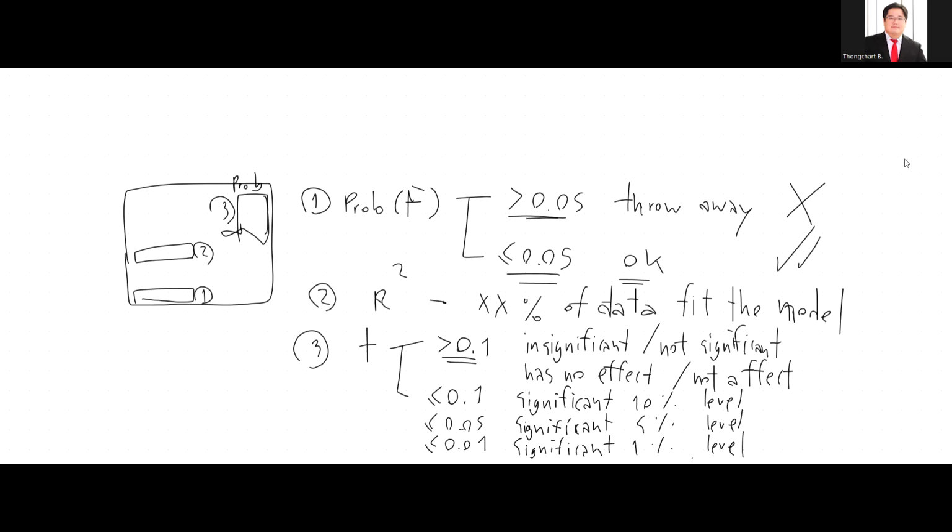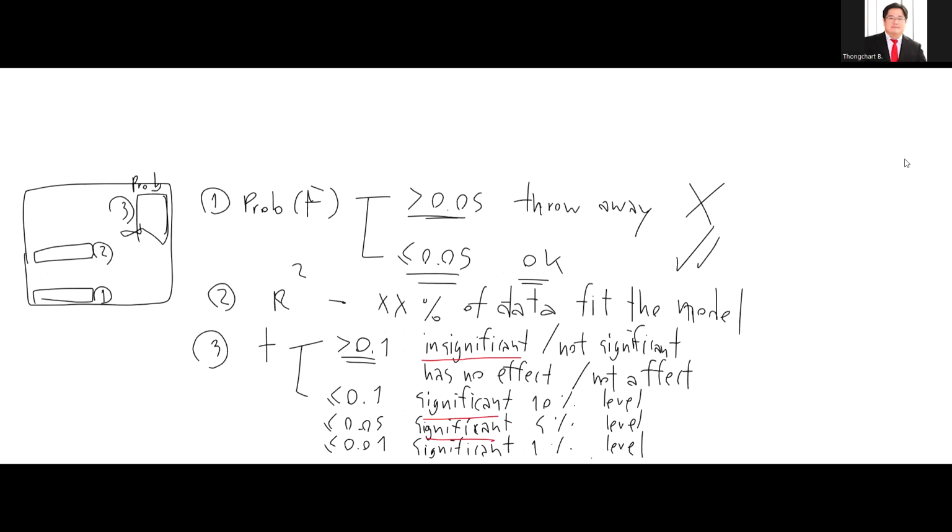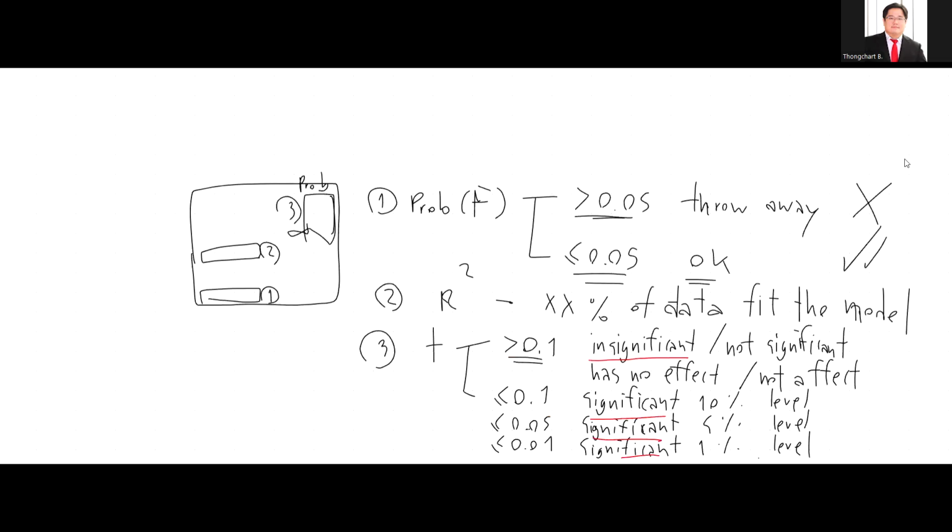So the keyword here depends on the probability. If it's greater, you say it's not significant. So you may remember this picture, because this is the way you interpret the result.